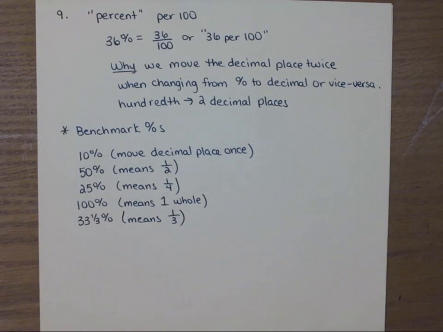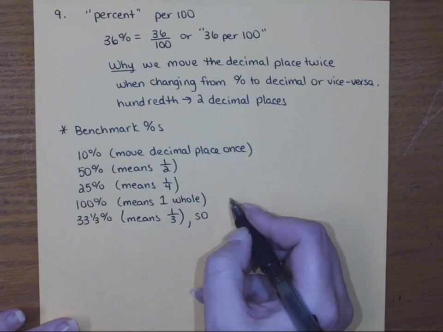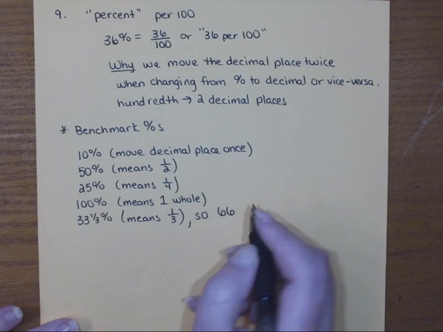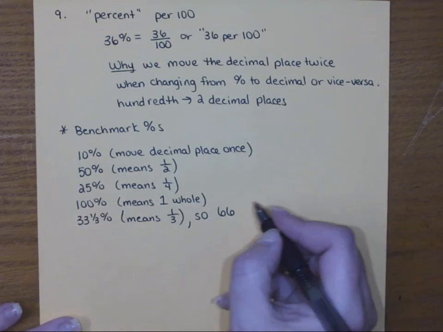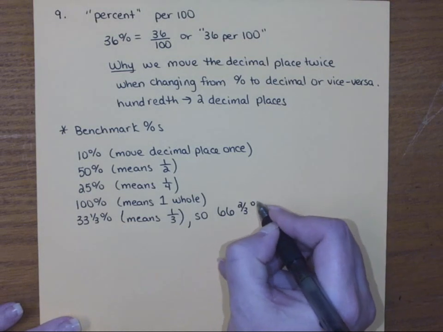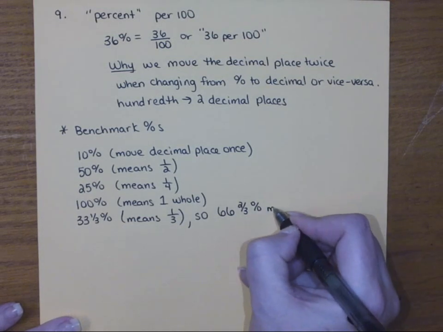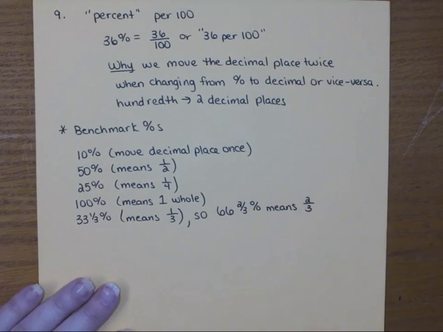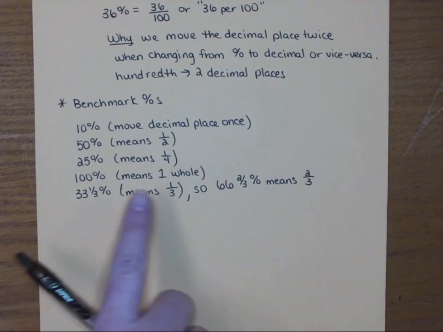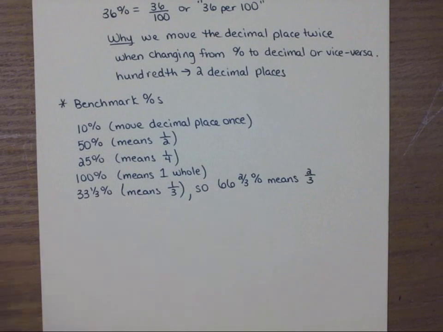It means that because if you do 33 1/3 over 100, 33 1/3 literally takes up 1/3 of the 100. So by default, that means that 2/3 would be double. If you double 33, you get 66. If you double 1/3, you get 2/3. So 66 2/3% means 2/3. So really if you know this one, I think you can get that one by doubling it.